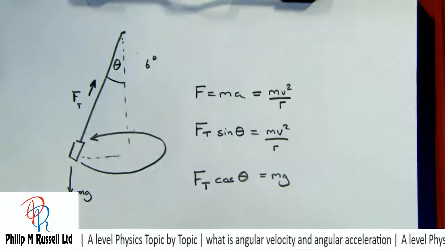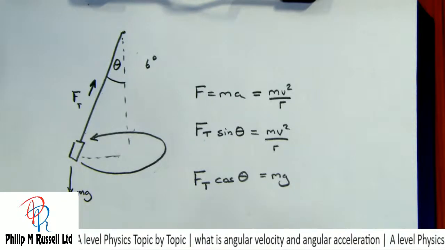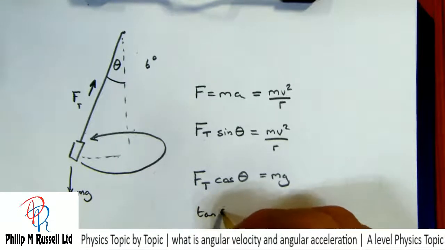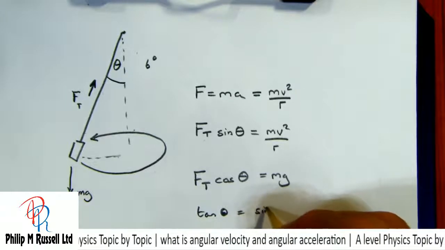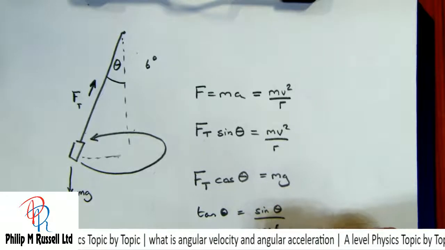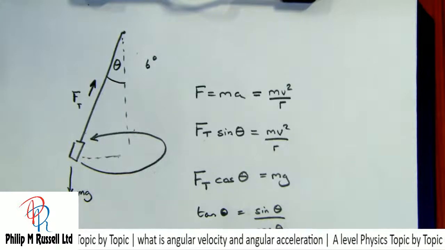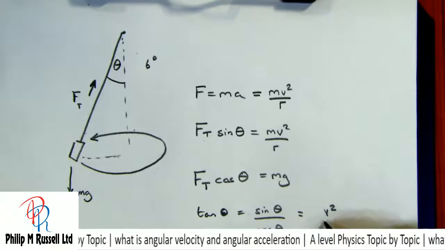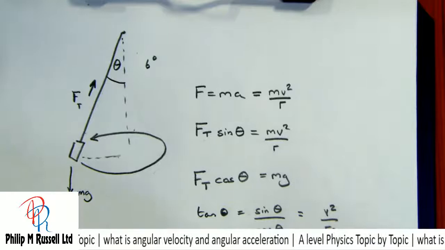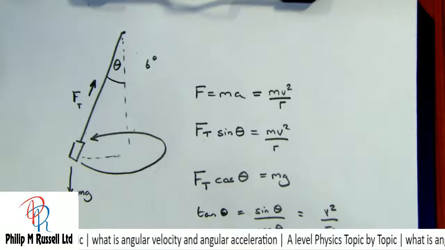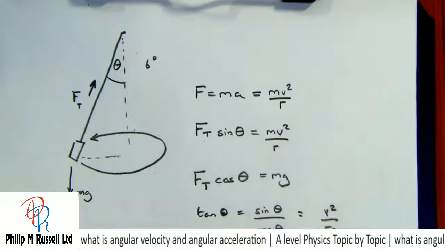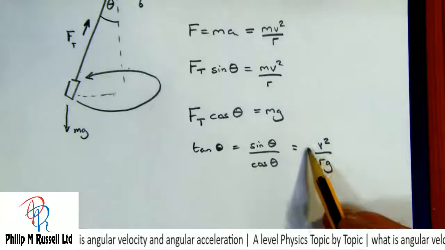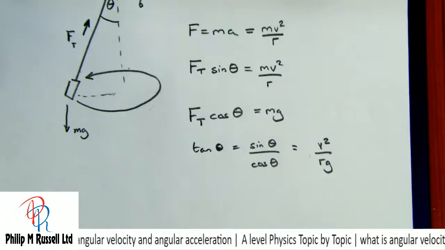If we divide the first equation by the second equation, and since we know that the tan of an angle equals sine over cos, what we get is tan theta equals v squared over rg, and from that we can work out that the angle of the pendulum is not affected at all by the mass of the pendulum bob.